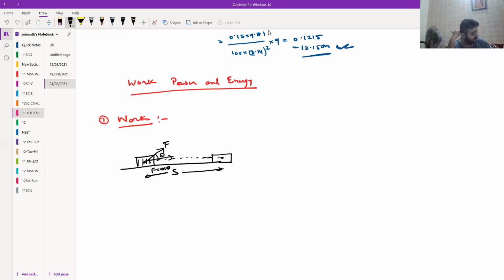Work is said to be done whenever a force acts on a body and the body moves through some distance in the direction of the force, or you can say in the direction where the object moves.